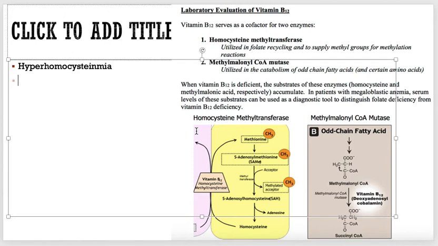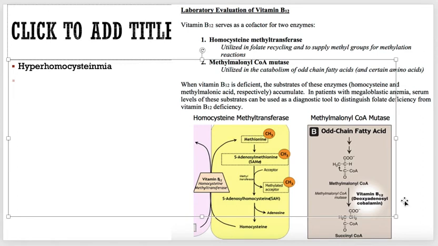And the other one I'm talking about is methylmalonyl-CoA being converted into succinyl-CoA. When vitamin B12, which is cobalamin, is not there, this reaction is not going to occur.